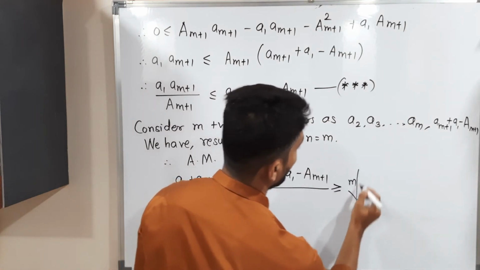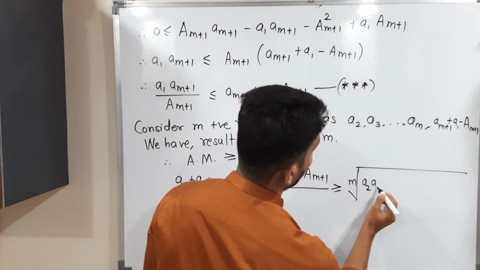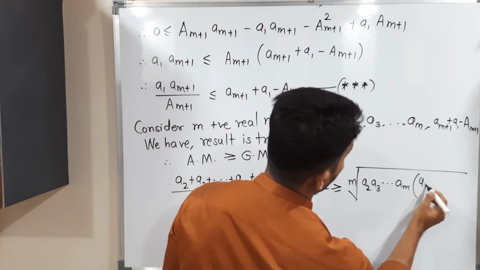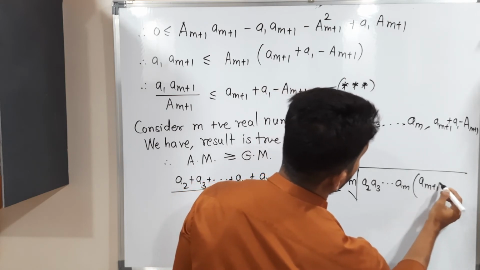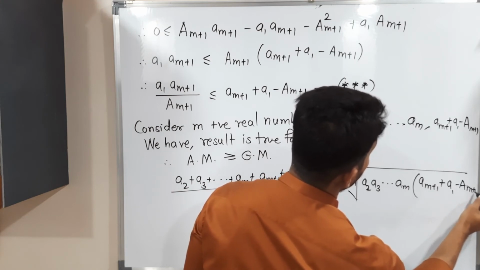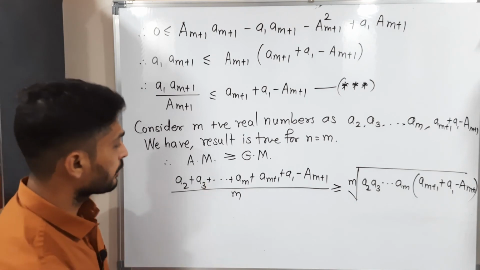So m-th root of their product: a2, a3 and so on to am, and this last real number am plus 1 plus a1 minus am plus 1. So this is the last real number. Get it? So if you add, I'm going to write properly.